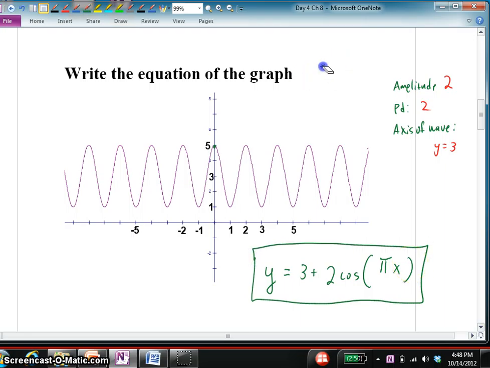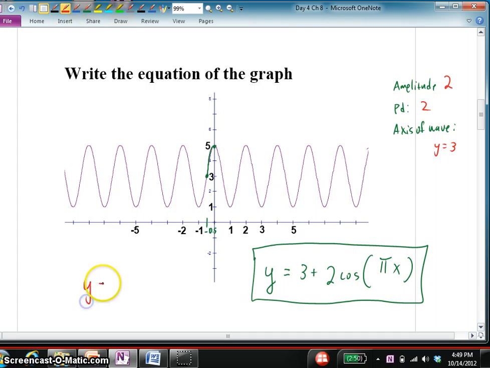Now, I could write a different equation. What if I thought that the graph started right here? In that case, there would be a phase shift. This is 1/4 of the period later here, so this would be at -0.5. So it would be a phase shift to the left of 0.5.